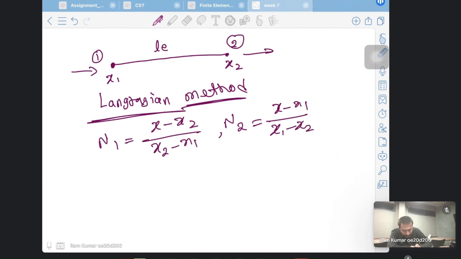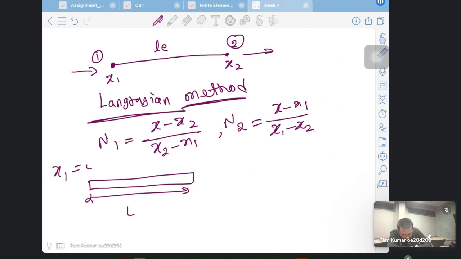For example, this is a truss. It has length L. This is node 1 with x1 equal to 0, and x2 equal to L. This is moving in one direction because this is a truss. I think you remember what the shape functions will be.